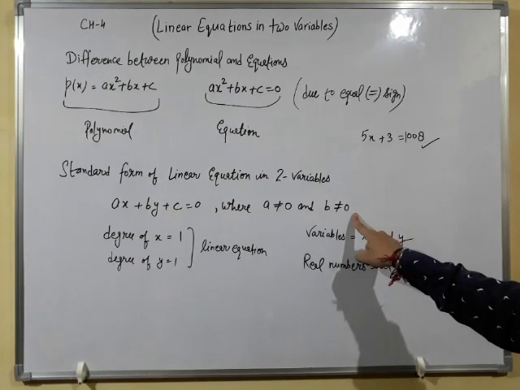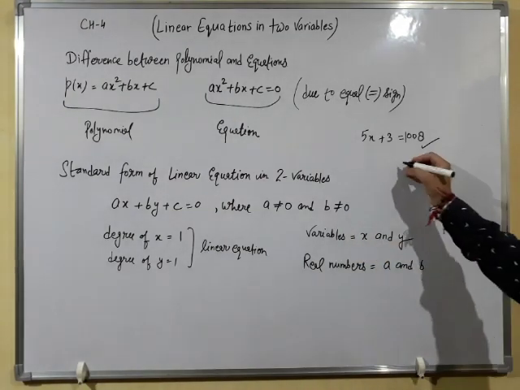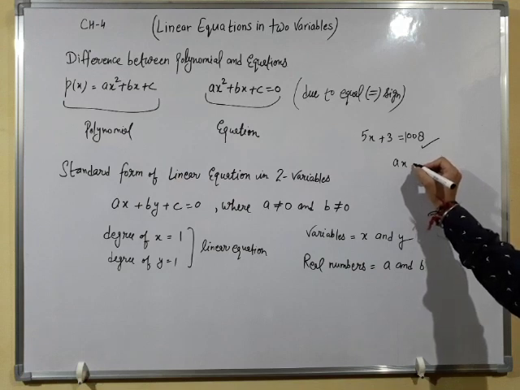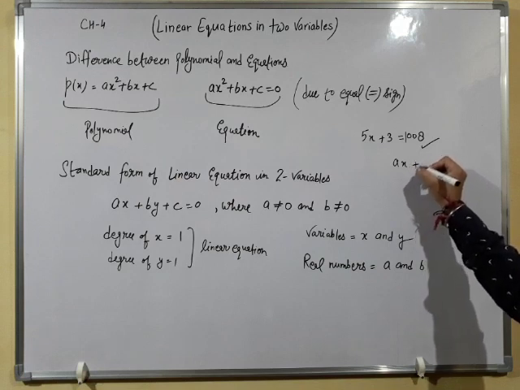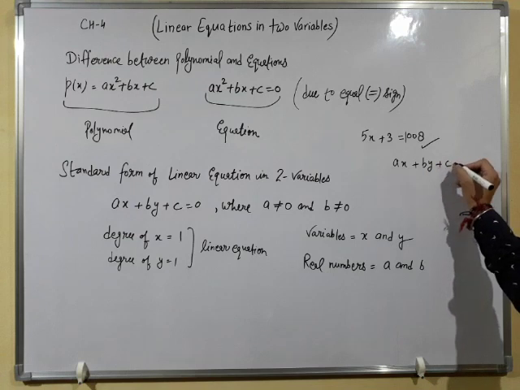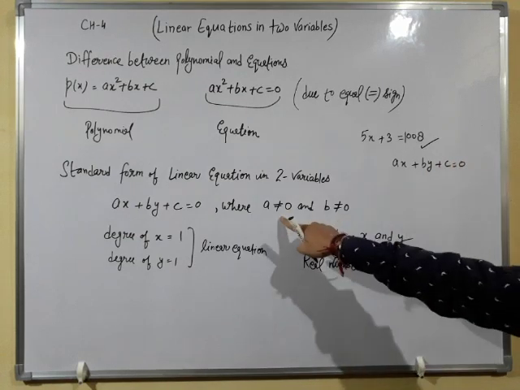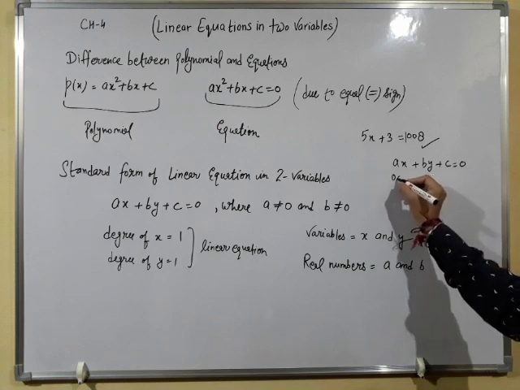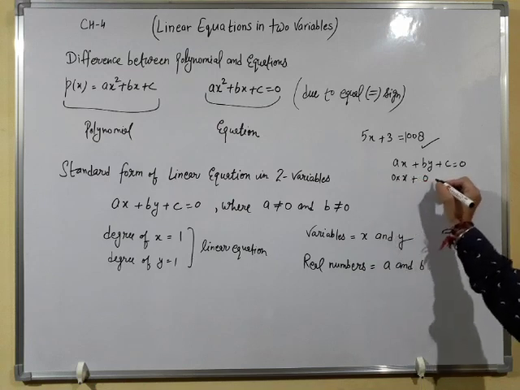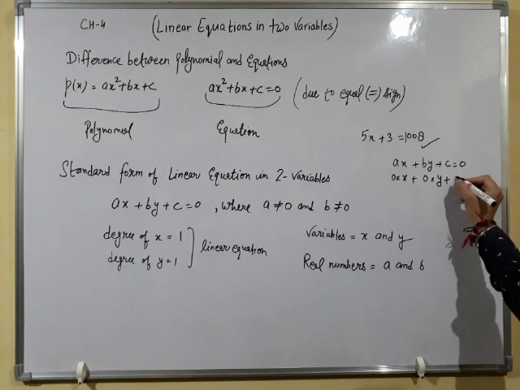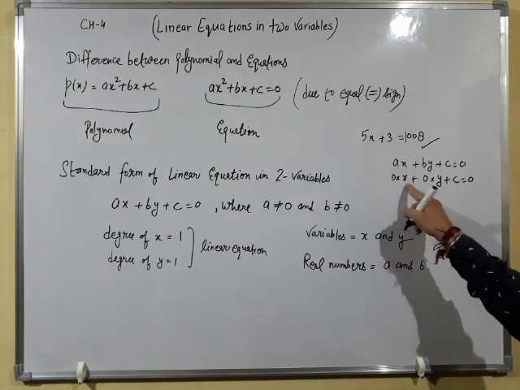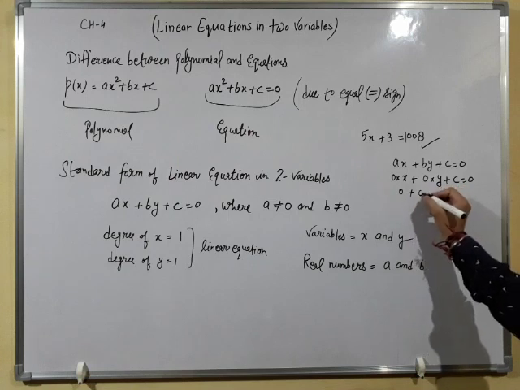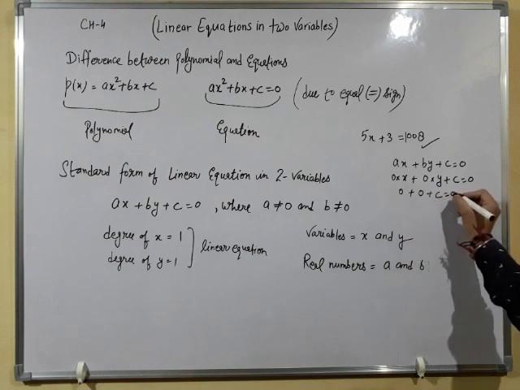Why a and b cannot be equal to 0? If we have taken a linear equation in two variables, ax plus by plus c equals 0, and we put a equals 0 here and b equals 0 here, then 0 multiplied by x plus 0 multiplied by y plus c equals 0. 0 multiplied by x becomes 0, plus 0 into y is 0, plus c equals 0.